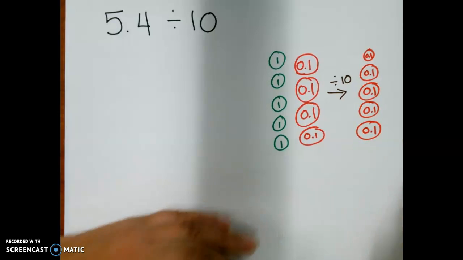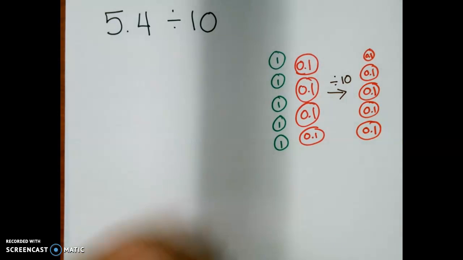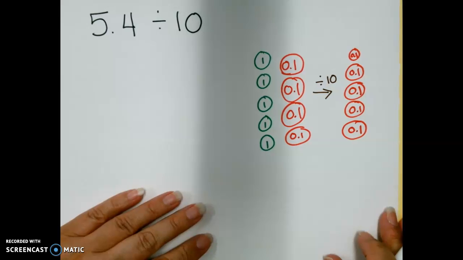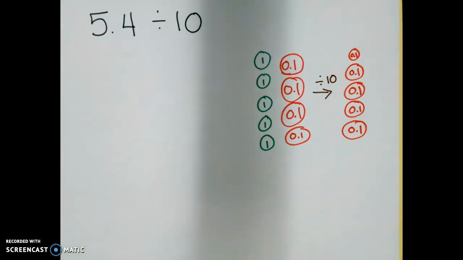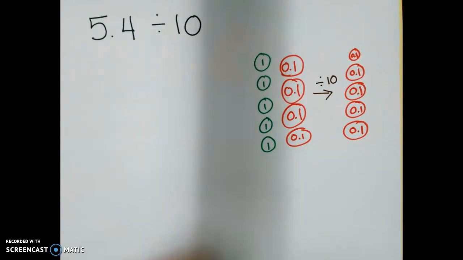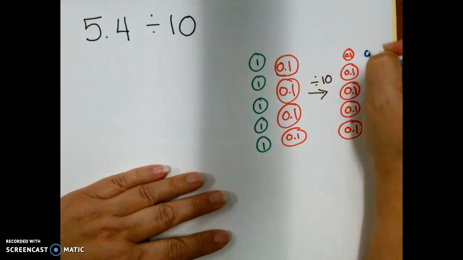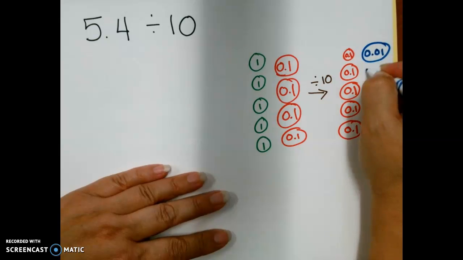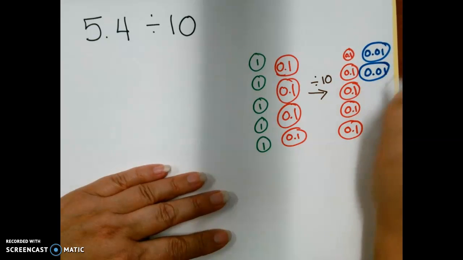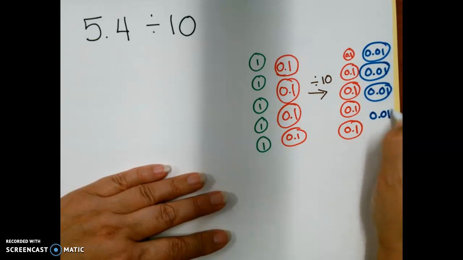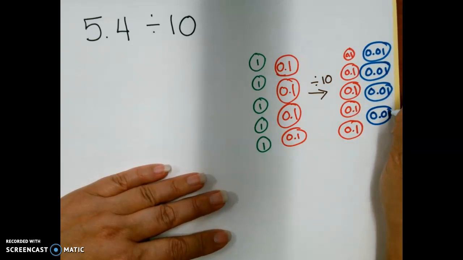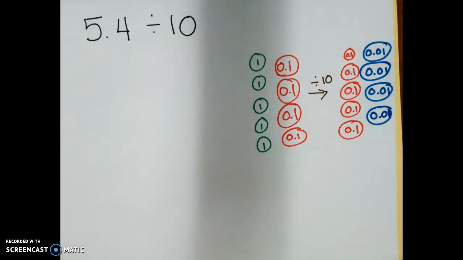Again, you better be drawing these with me. And when I divide 1/10 by 10, I get 1/100th. So I have 4 hundredths. Kind of lost that one there.